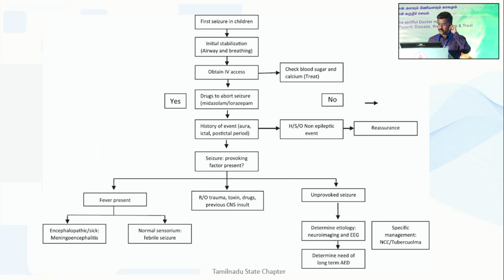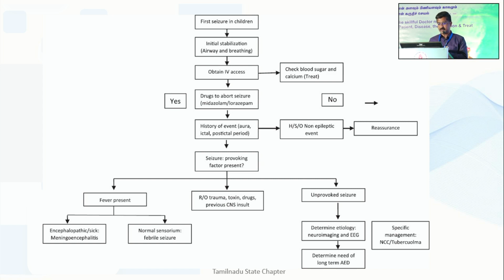So this is the overview. If you are seeing a child with the first seizure, either in the active convulsing phase or with a recent history of seizures, the priority is ABC. After maintaining airway, breathing and circulation, the drugs stop the seizures, which we'll discuss in later slides. Once the child is stable, the next step is to assess the history, whether it's a true seizure or a pseudo seizure.